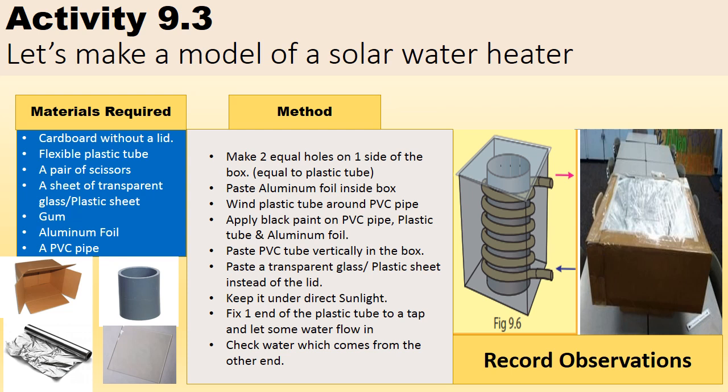Then after that, what can you do? The next step is that you have to paste the aluminium foil in the inside of the box. Okay. Then after that you have to wind the plastic tube around the PVC pipe.